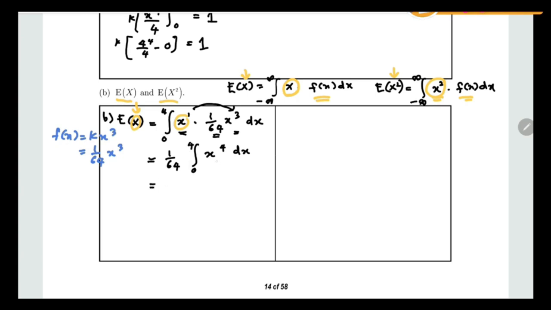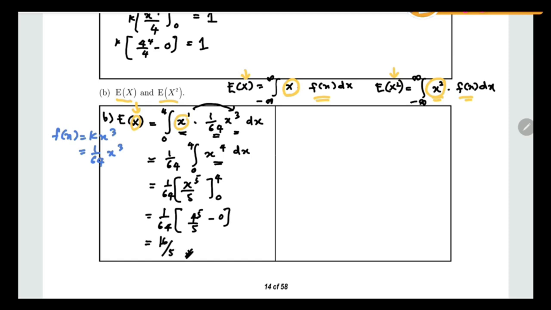Integrating x to the power 4 gives x to the power 5 over 5, with 1 over 64 outside here, and the limits from 0 until 4. Just substitute 4 to the power of 5 over 5 minus 0. As a final answer, we get 16 over 5 for the expected value of x.